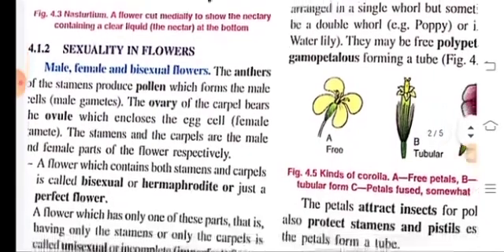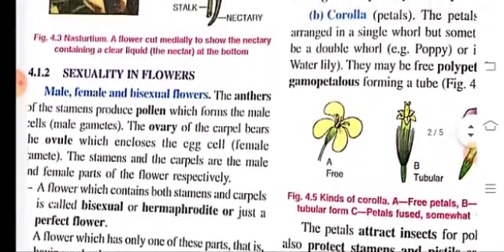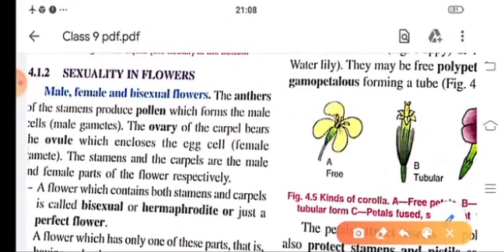Now come to the sexuality in flowers. Sexuality in flowers, that means male, female and bisexual flowers. Now the anthers of the stamens produce the pollen grains, which form the male gametes or the male cells. Now the ovary of the carpel bears the ovules, which form the egg cell or the female gametes.